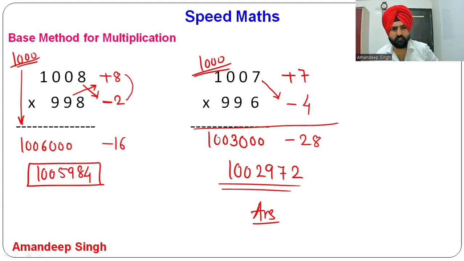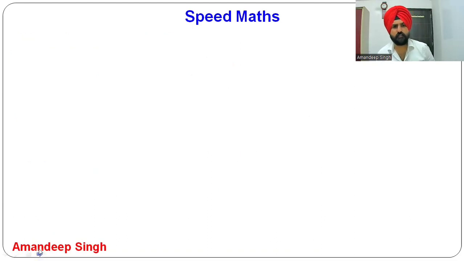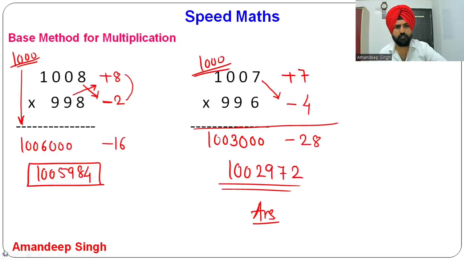So I hope the base method is clear to you. We can use the base method for any of the numbers which are close to 1000, 100, or we can say 50 also. But we have to be very, very careful with these steps. First step is to measure the number from the base. So this number is 8 more and this number is 2 less. So I will do the multiplication. I got minus 16.